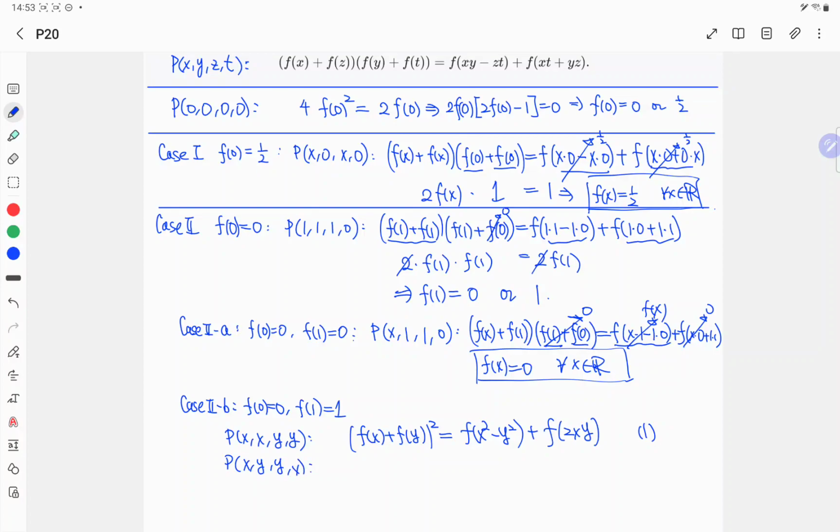Okay, so here we try to exchange y and t, and actually for the original functional equation, y and t are symmetric. So exchanging y and t will give you the same thing on the left side.